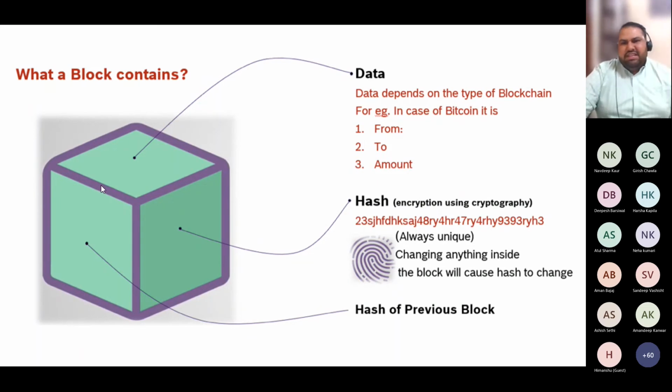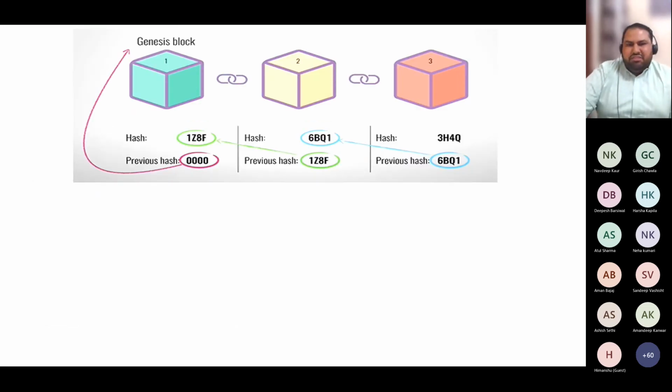Now consider the example of three different blocks. As you see, each block contains its own hash and the hash of the previous block. So block number 3 points to block number 2 and block number 2 points to block number 1.